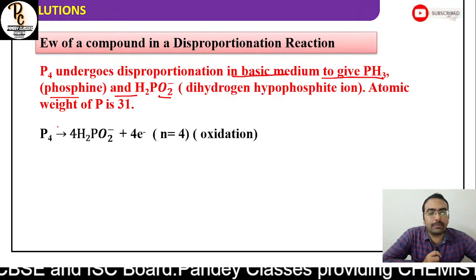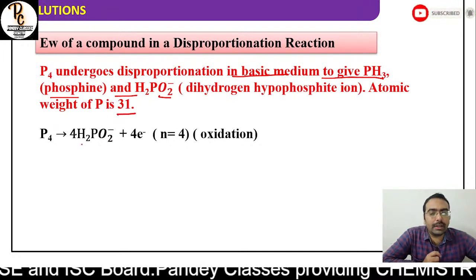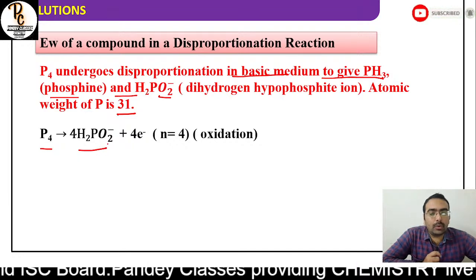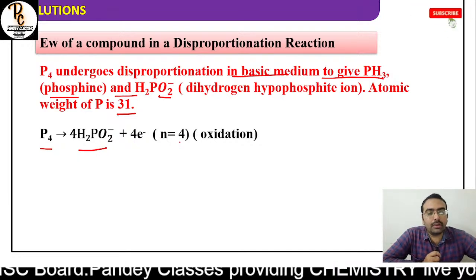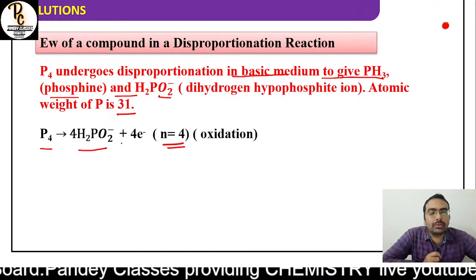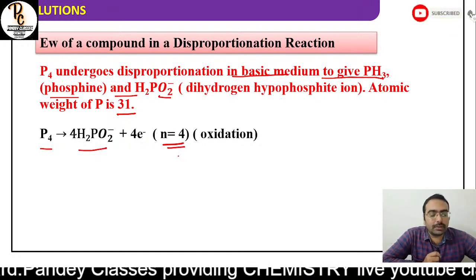The atomic weight of P is 31. So how can we do this? P4 changes into H2PO2 negative plus 4 electrons. So the number of electrons lost is 4.